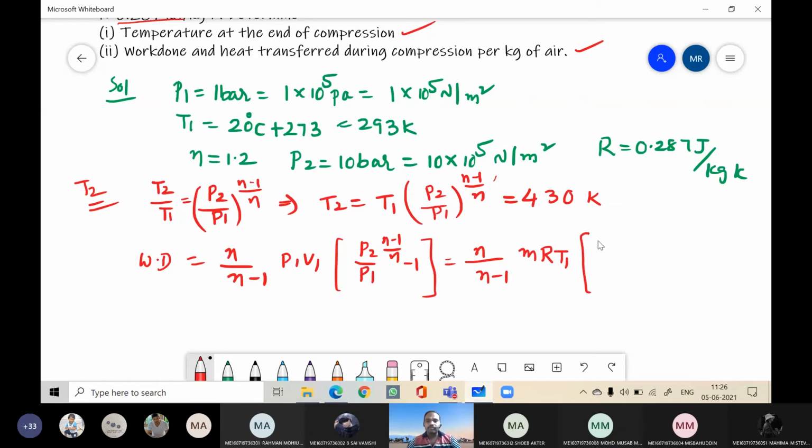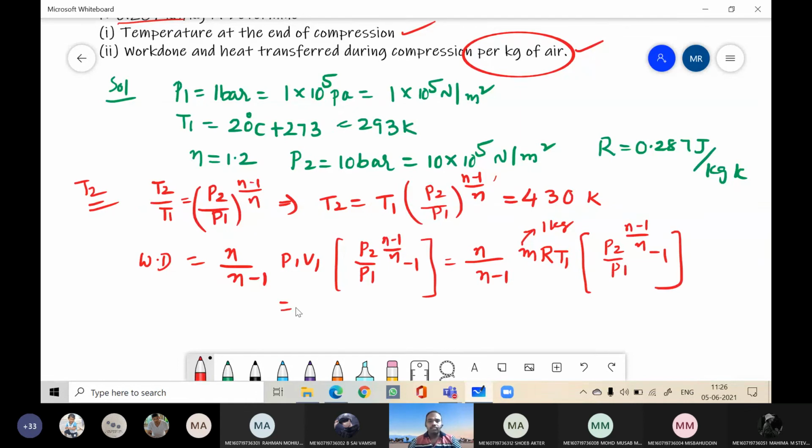How to calculate mass? Per kg of air is asked. Look here, per kg means M will become 1 kg. Okay, mass. So MRT1 into P2 by P1 whole power n minus 1 by n, minus 1.